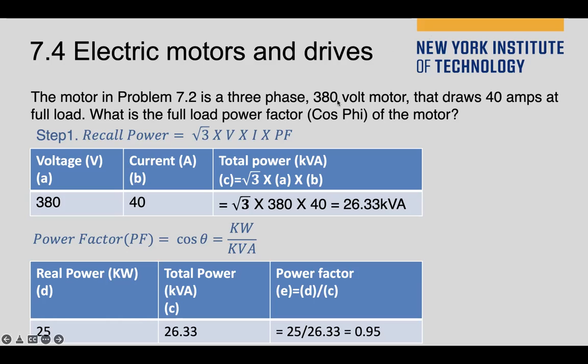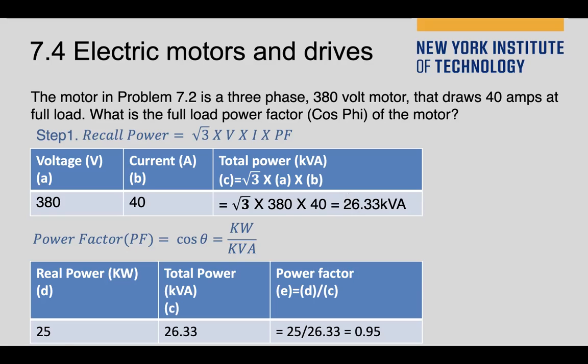One is 380 and draw 40. So in this equation, we already know V is 380, I is 40. Then we can put the number here. But now we need to know about the power factor. We know about the total power is 26.33. That is our, of course, our apparent power.